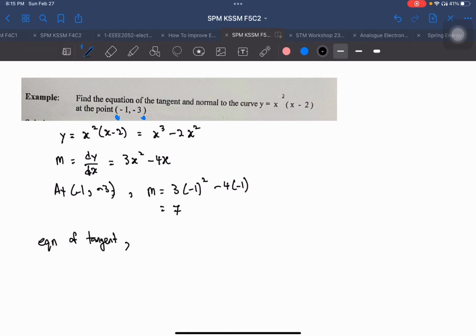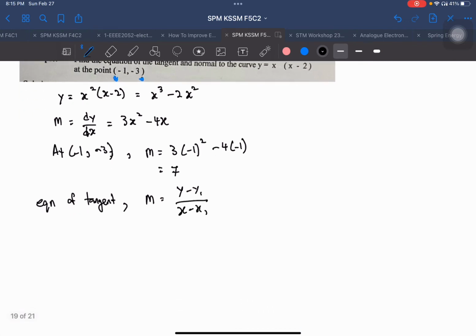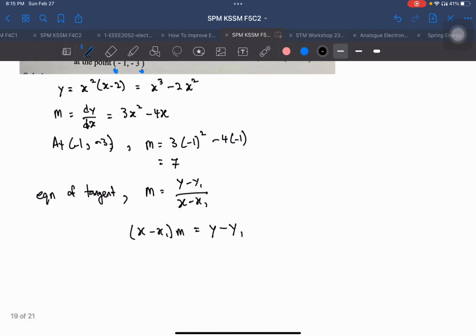Given the gradient, you use the gradient equation, y minus y1 equals m times (x minus x1), and then sub in all the values.